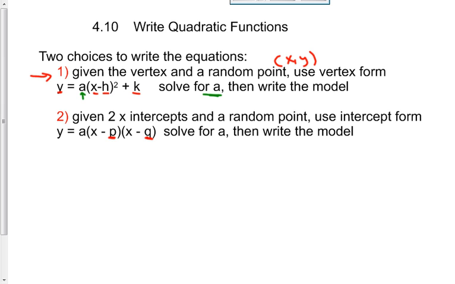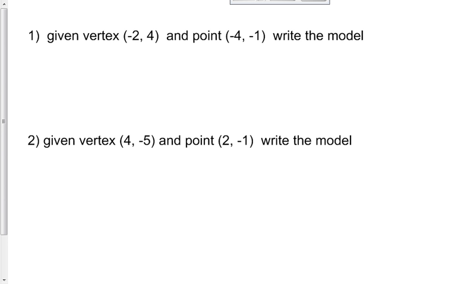That random point, remember, is x, y. We will plug in that x number twice, plus the y term. And again, you notice we only have one thing that we don't have. So that's what we need to solve for: a. And then we can go ahead and write the model. We'll be finished.